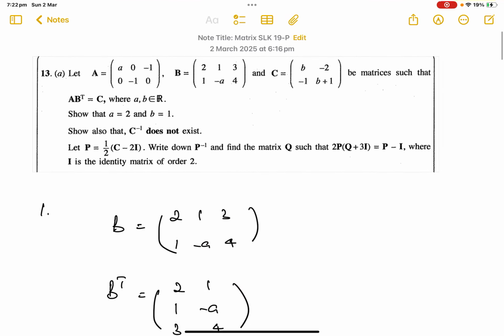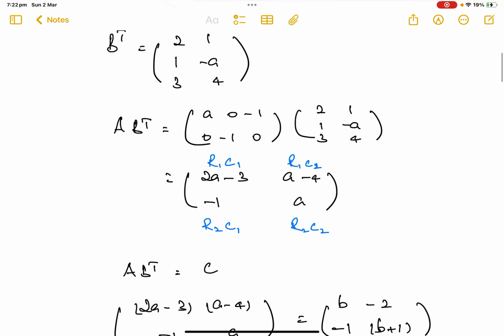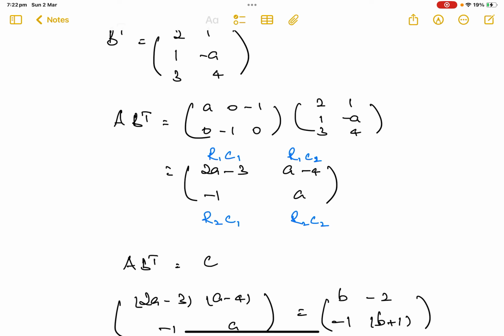So A is given, and A times the transpose of B is a 2 by 3 matrix times a 3 by 2 matrix. Just a simple matrix multiplication.